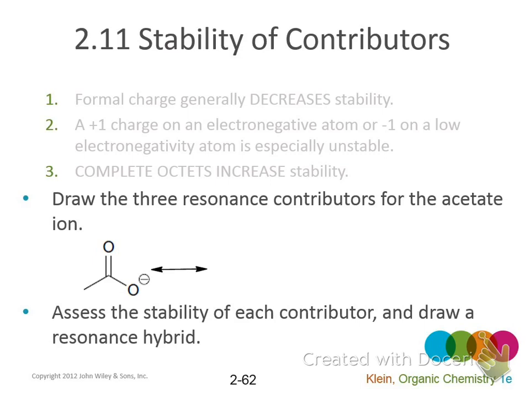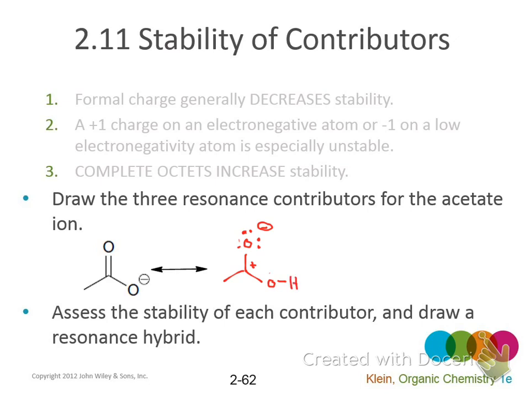So let's do the same thing for acetate ion. Again, there's 3 contributors. I'm going to just draw them out fairly quickly. But they're following the same pattern as we had before.